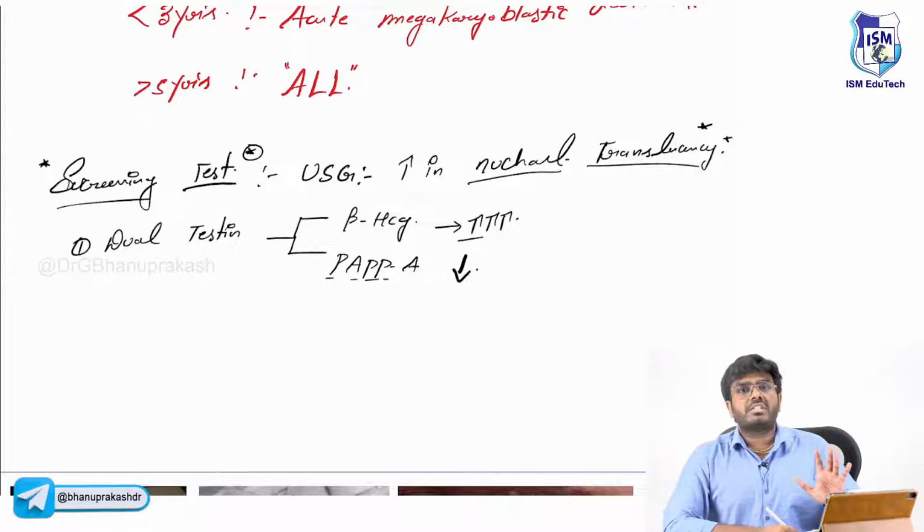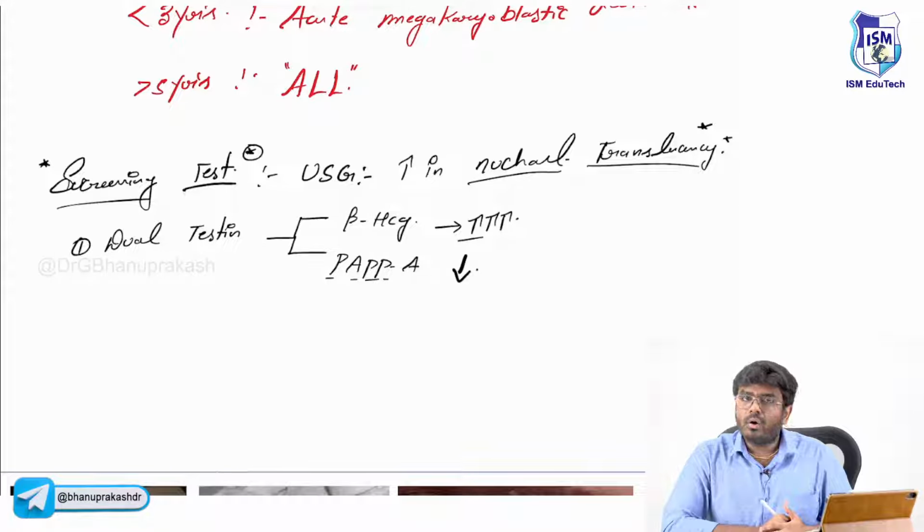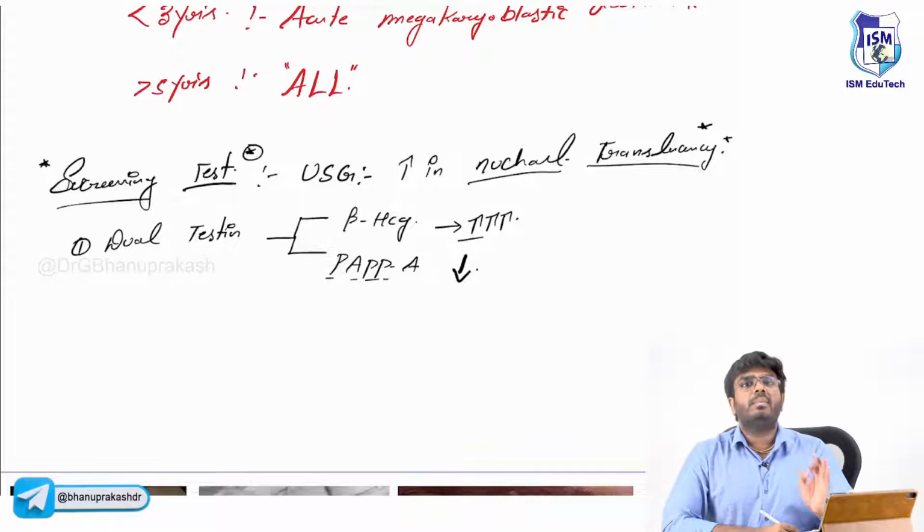Whenever dual testing shows high levels of beta HCG and low levels of PAP-A in the mother, it is giving you a signal that the baby might be suffering with Down syndrome.